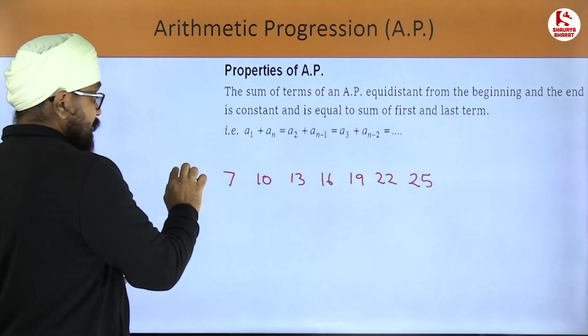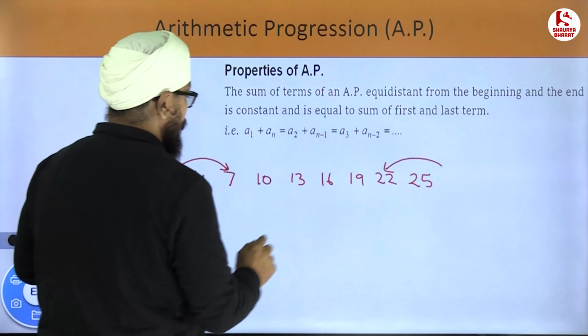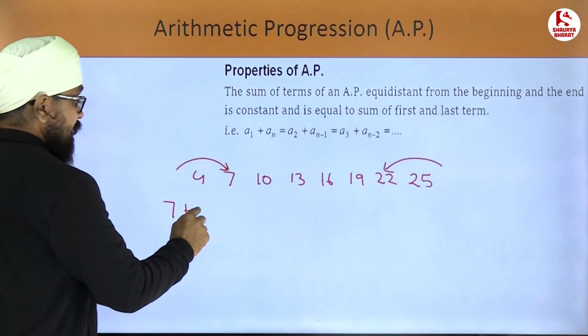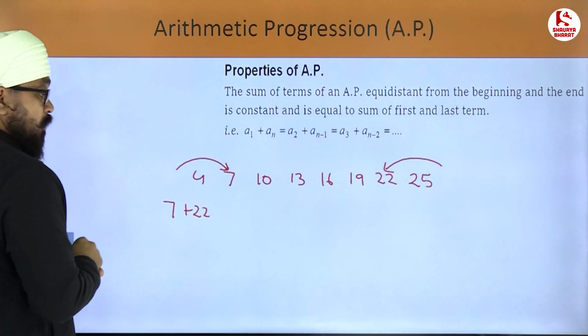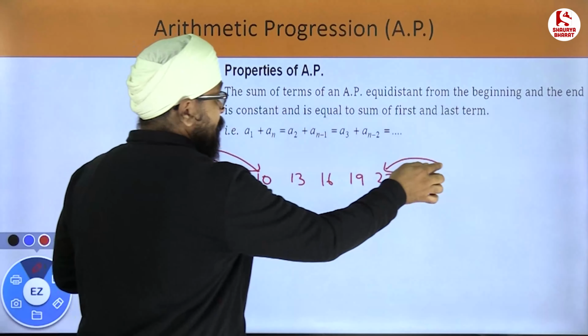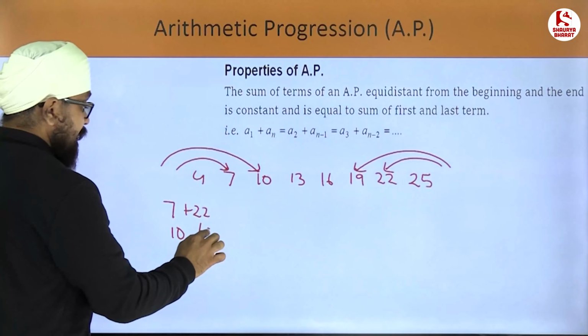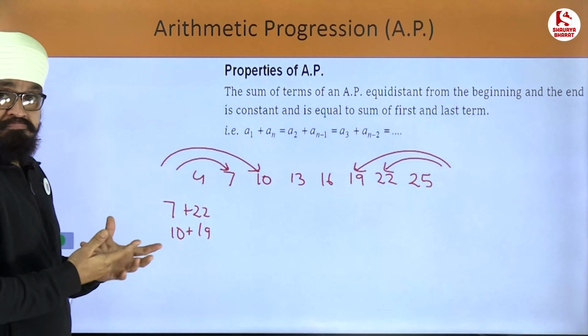So, the interesting part is, take the second term from the beginning and the second term from the end. So, we can say it is 7 and 22. What is the sum? I do not know. If you take the third term from the beginning and the third term from the end, it is 10 and 19. What is the sum? Don't know.